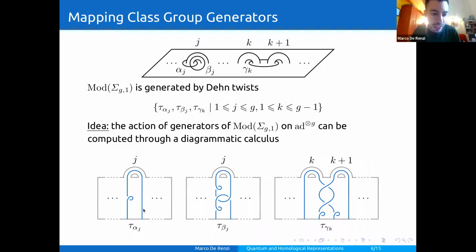So this is a twist along a meridian here. And these dots denote that everywhere else I have identity pieces of the cobordism. But on the jth piece, here I have a twist. Then this is a twist along the, and this is a twist that mixes two one handles together.